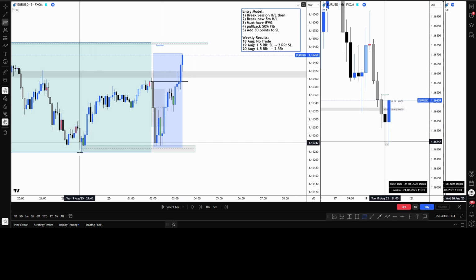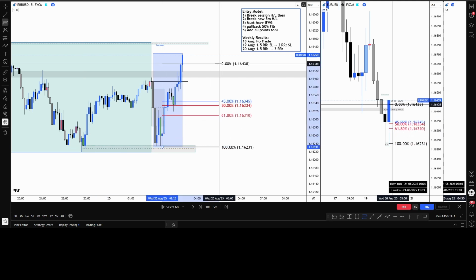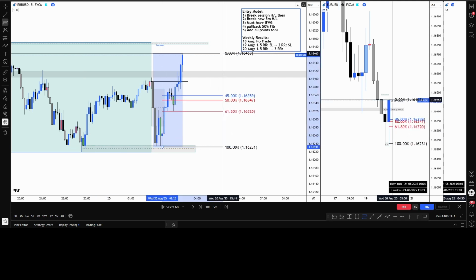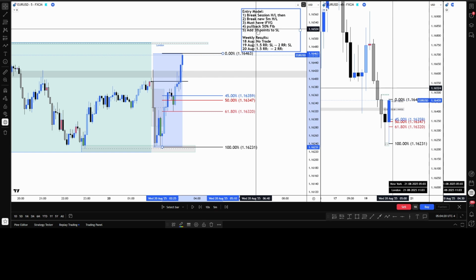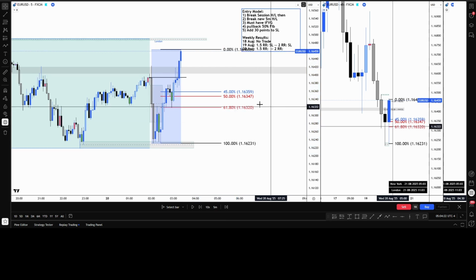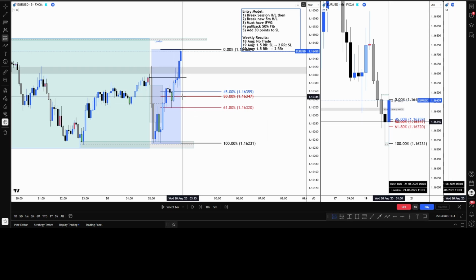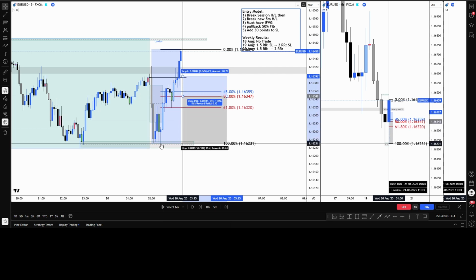We can use this low or this low for the fib retest, which is here in our entry model, at least 50%. So what we are looking for here is, let's do this. There's our buy.